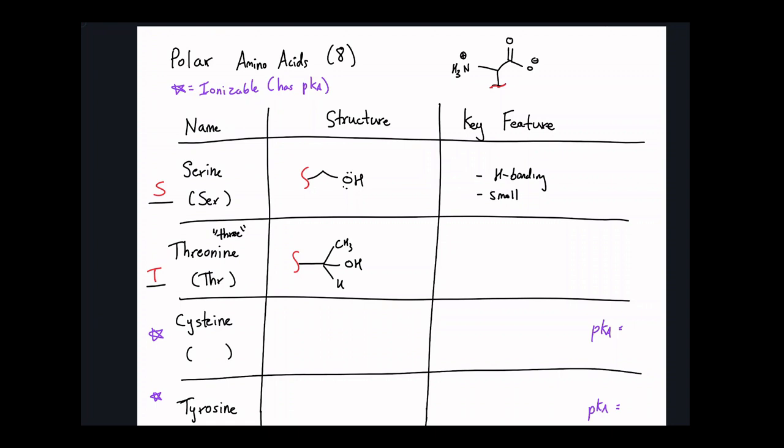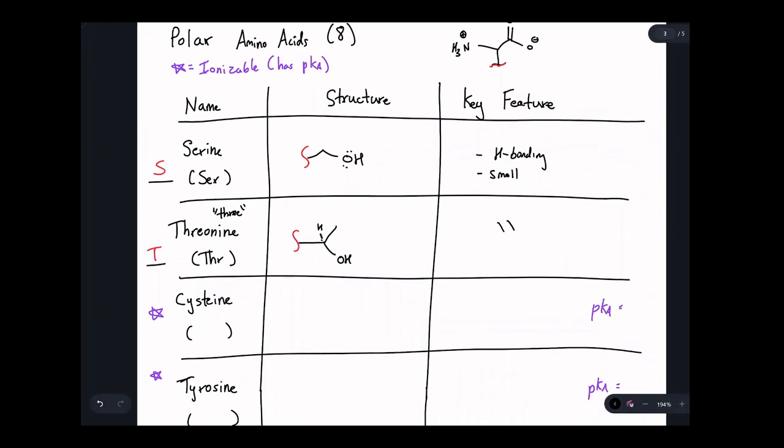That's how I like to view it. Drawing it normally, since we don't typically draw in hydrogens, it would just be a methyl group and an OH. But keep in mind, there are 3 things: the carbon, the hydrogen hiding in the background, and the OH. So threonine, very similar to serine, it's just a little bit bigger. And these are the different tools that our cells get to play with when making proteins. So key feature is very similar to serine.